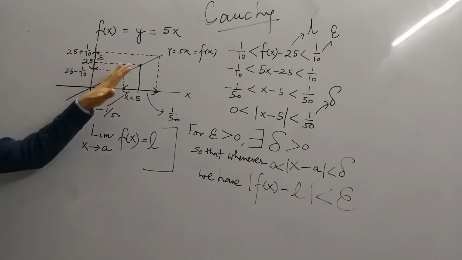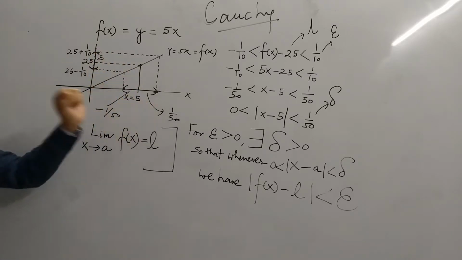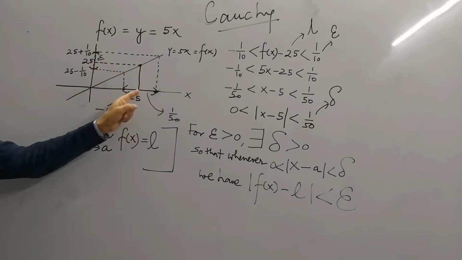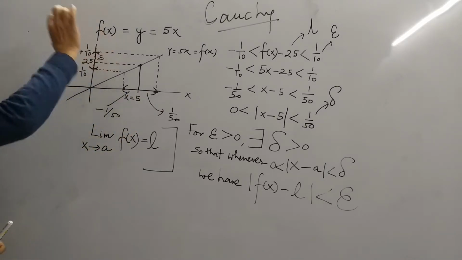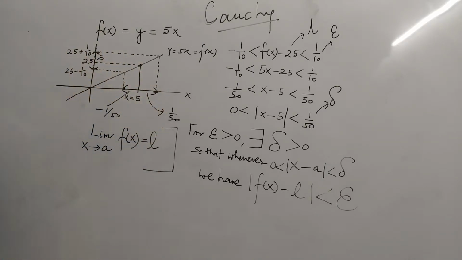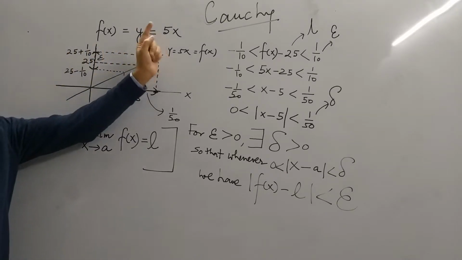So this is how we explain the limit: whenever there is a limit, we take our function a little away from the limit. It has to be guaranteed that the point at which we are investigating a limit deviates by a little. So we can create a neighborhood here and a neighborhood here. If we can do that, that means the limit exists. This is the mathematical logic behind the existence of the limit. I explained this in the case of y equal to 5x.